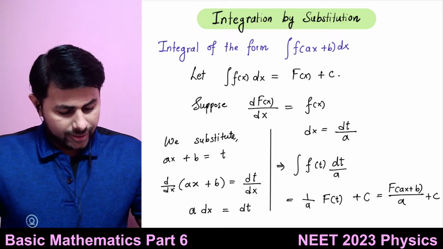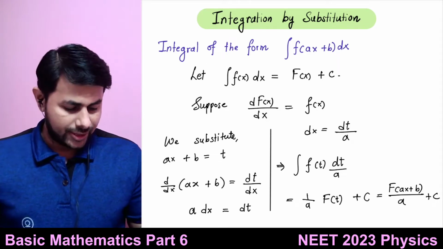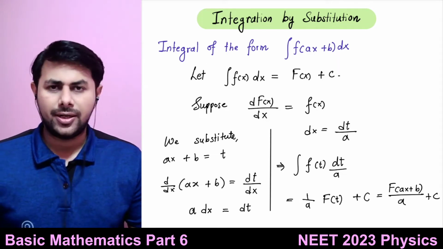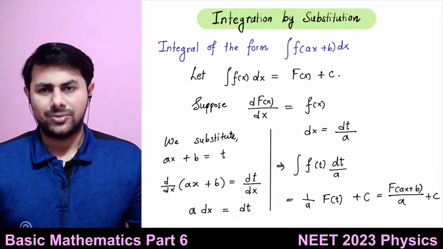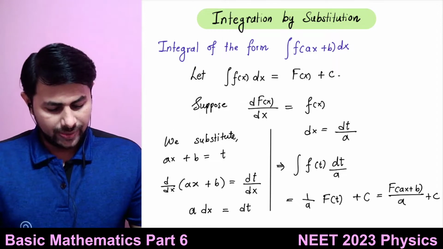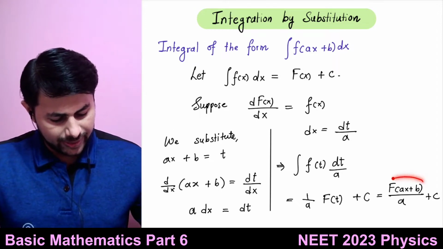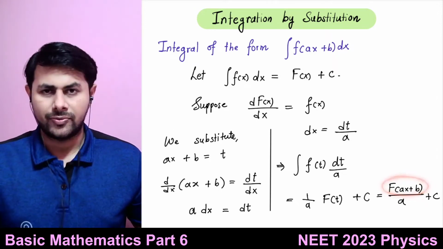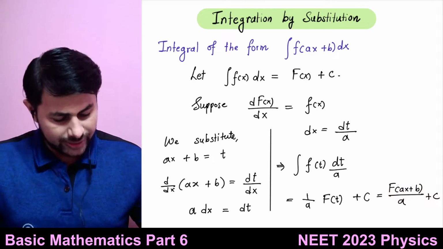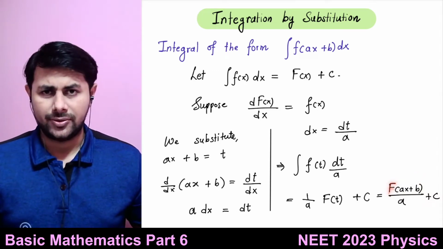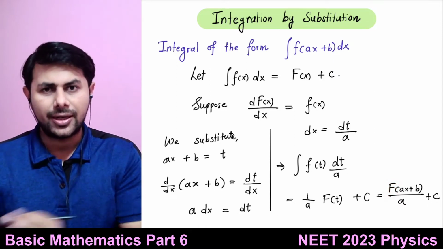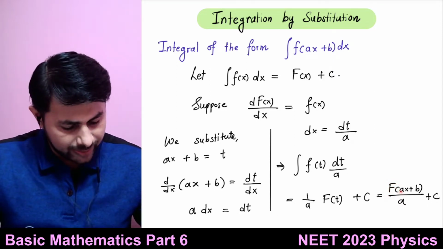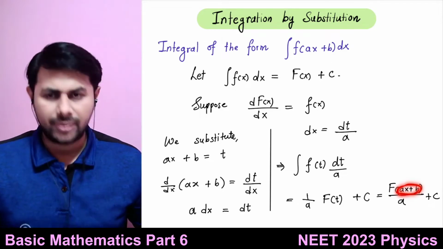Now see, in derivatives, what do we do? If I have the chain rule, then if I take the derivative of this, I will take the derivative of this function. The derivative of capital F is small f, then I multiply by the derivative of the term in the bracket.